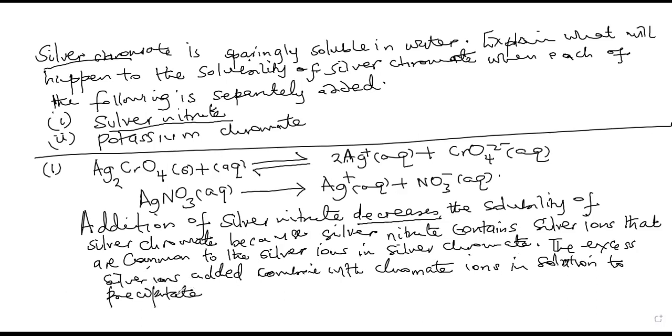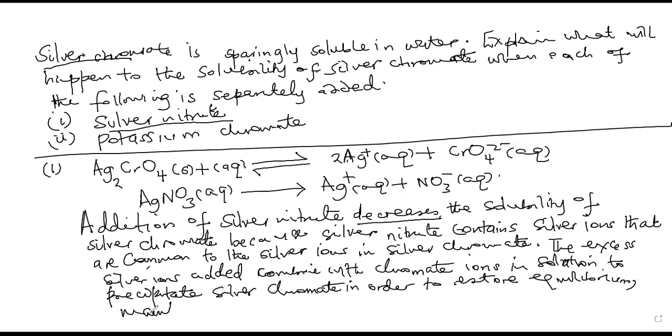They combine to precipitate silver chromate in order to restore equilibrium, maintaining the value of the equilibrium constant.